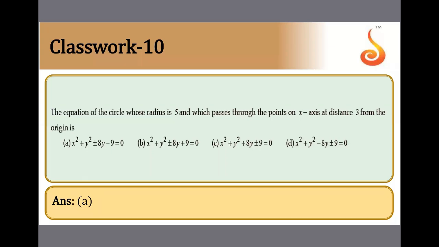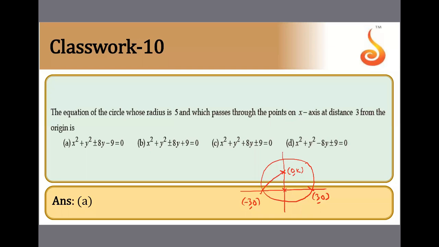Next one: equation of a circle whose radius is 5, which passes through points on the x-axis at a distance 3 units from the origin. The circle is like this. Slowly problems will be tough now. This point is minus 3, 0. This point is 3, 0. Center will be somewhere here, 0, k.